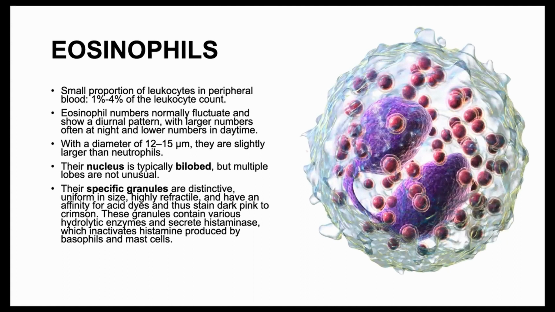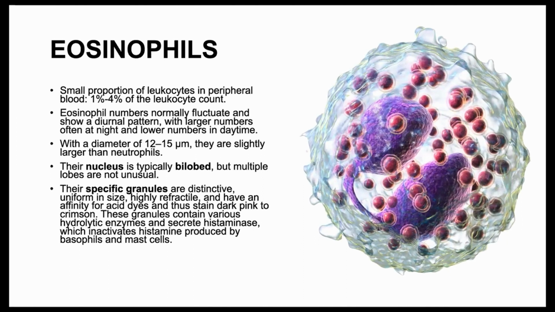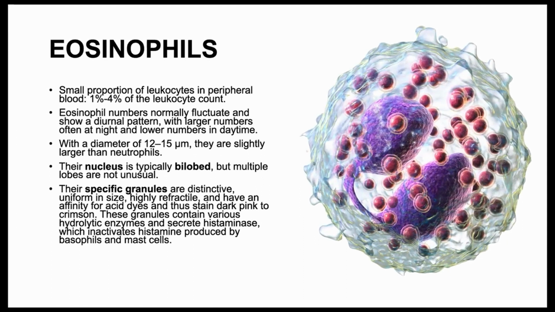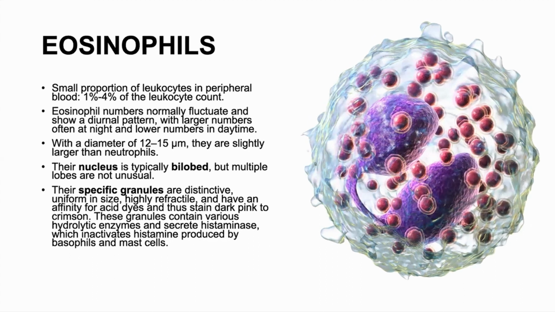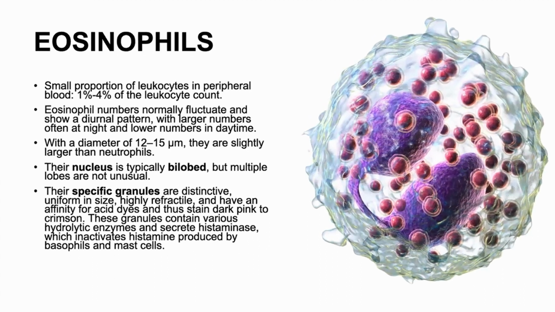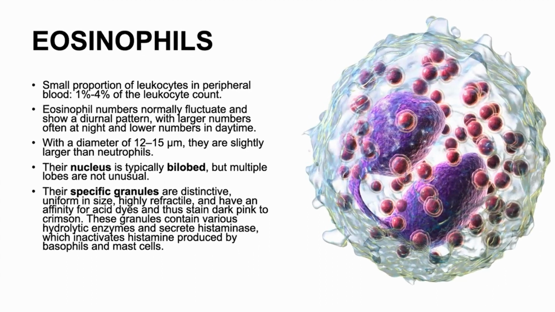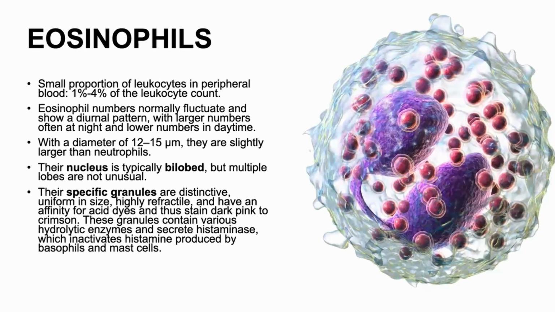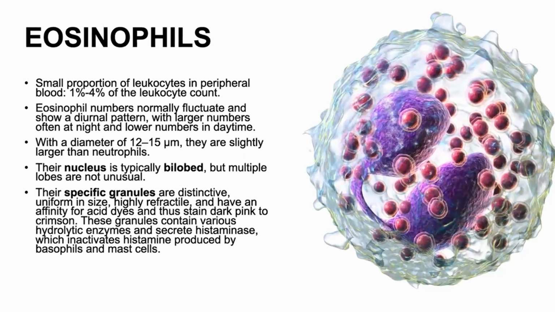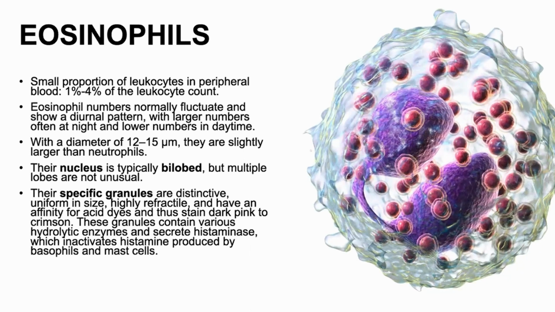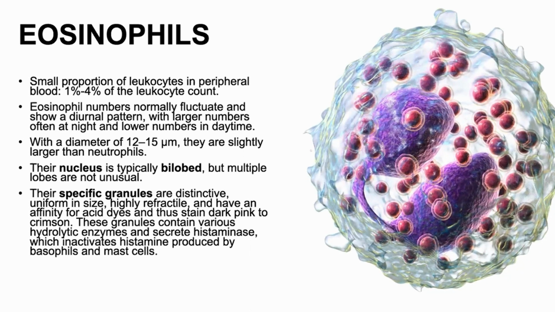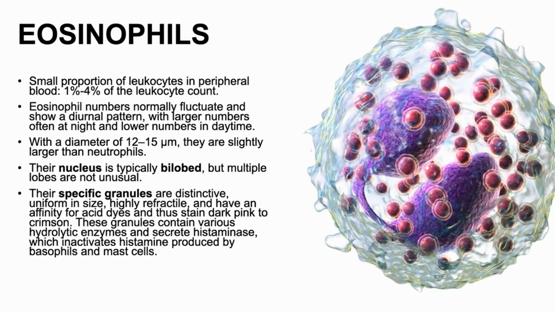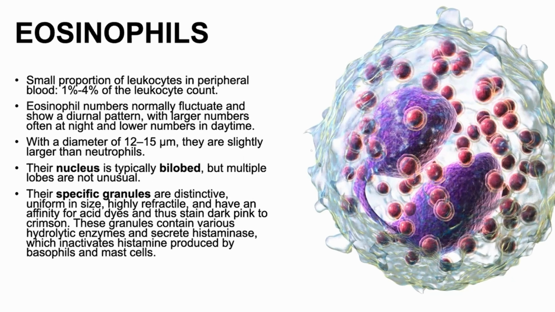The eosinophils are leukocytes. We said that they were granular leukocytes. They make up 1 to 4% of your blood. So the neutrophil makes up the majority of the blood component, and the eosinophil 1 to 4% of the blood. Somehow they have a diurnal pattern where sometimes in the morning they might be elevated, and in the evening it might just vary.